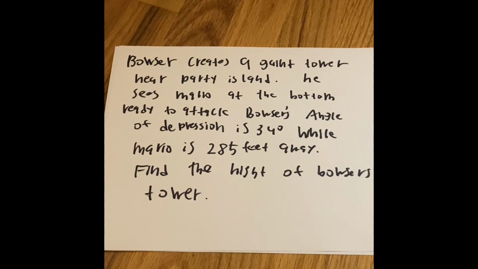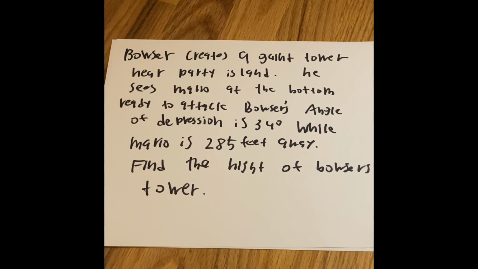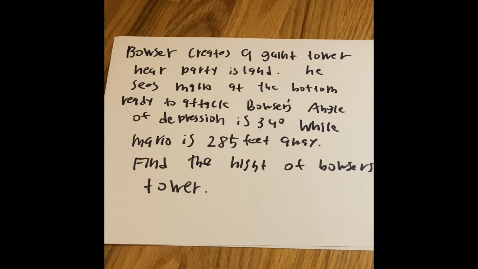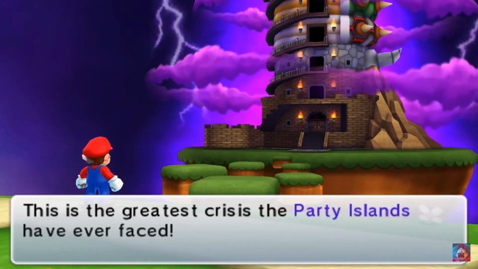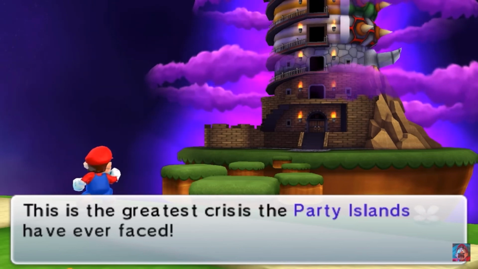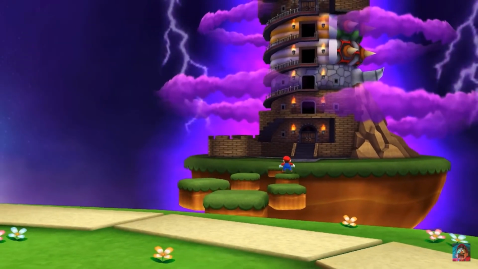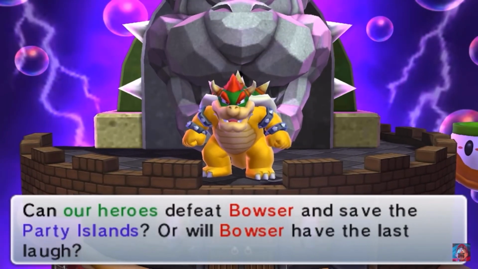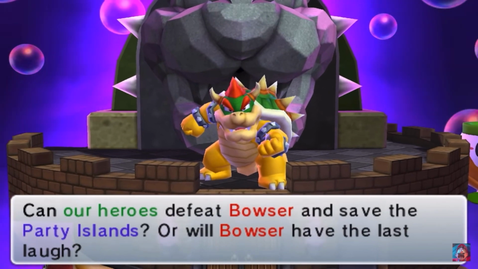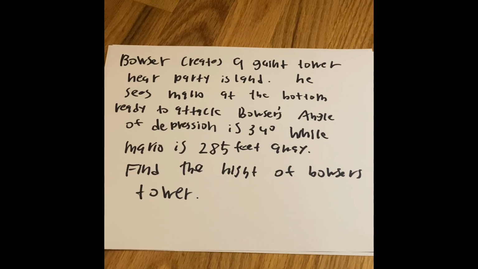Bowser's angle of depression is 34 degrees, while Mario is 285 feet away from the tower. Find the height of Bowser's tower.